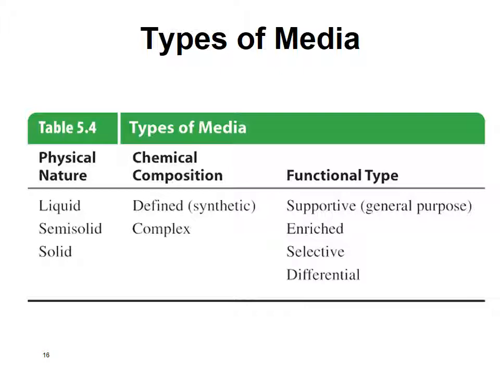So first, according to physical nature, media may be liquid, semi-solid or solid. According to chemical composition, nutrient media may be defined or complex. And according to functional type, nutrient media may be supportive, enriched, selective or differential.